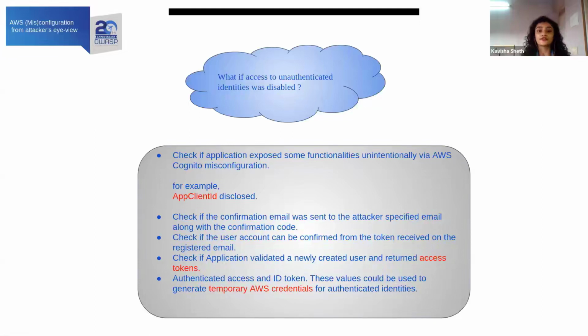So if the application is validating that you are a valid user even though you have used your attacker email ID, and you are able to get those credentials, eventually you are getting the AWS credential. Now you have the AWS credential, where you will have access to the services. So this is how you can look around. I can talk more about this, and I can cover the mind map around it.